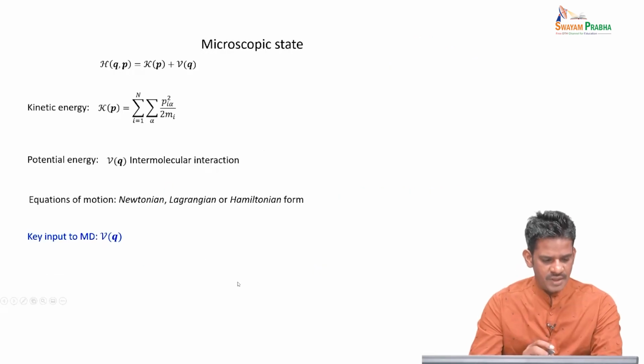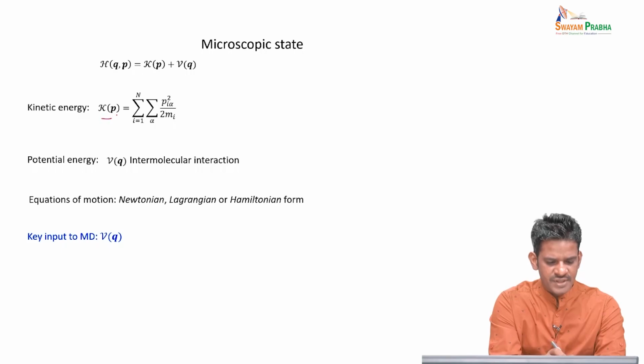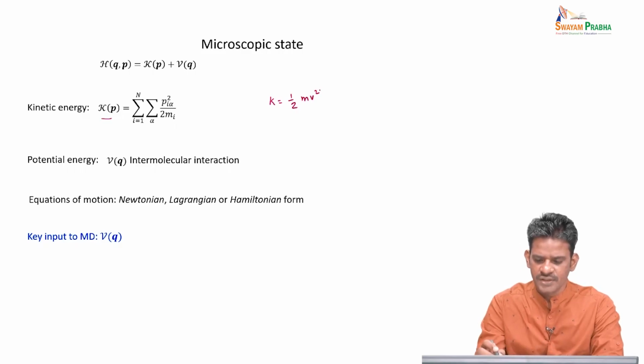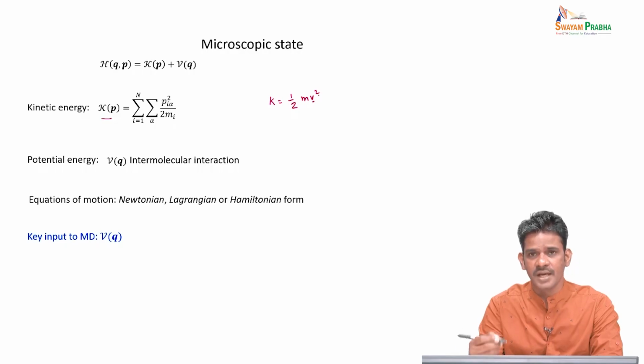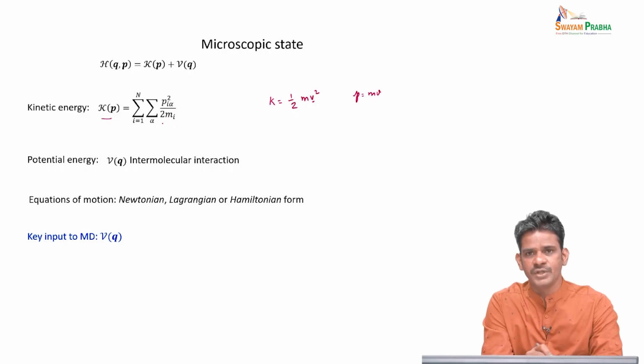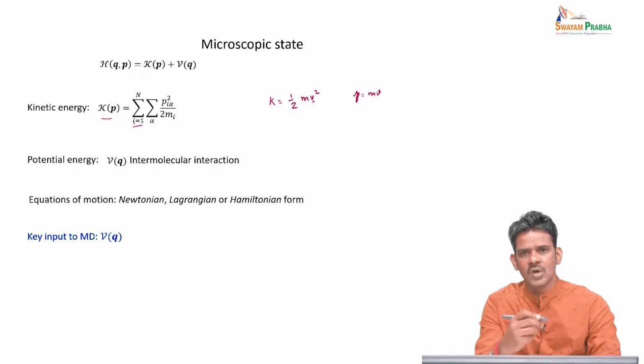So now the form of kinetic energy is something familiar to you. We generally write kinetic energy as half m v square, but now since we are not using v but momentum, which is p equal to mv, kinetic energy takes this form, p square by 2m. Here if you look at the summation, the first summation is over all the particles.